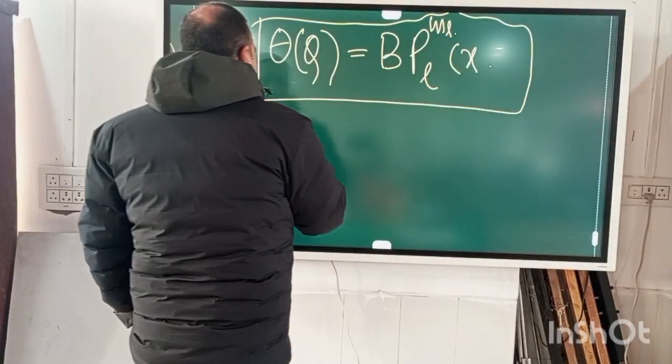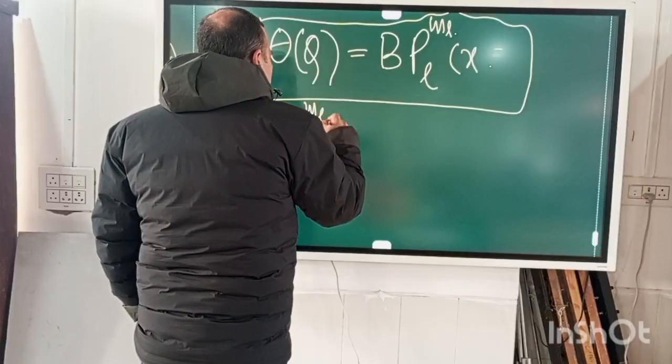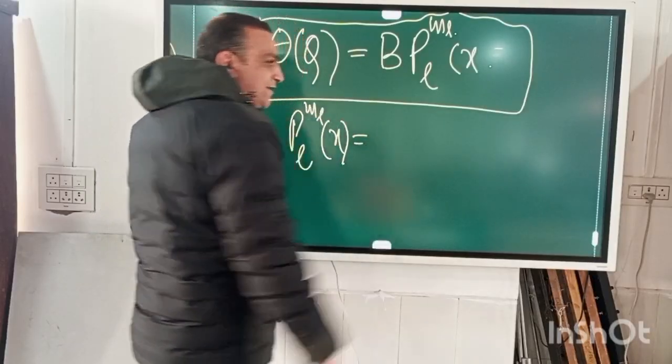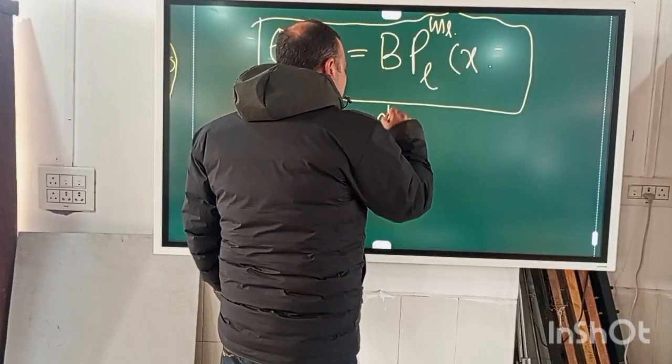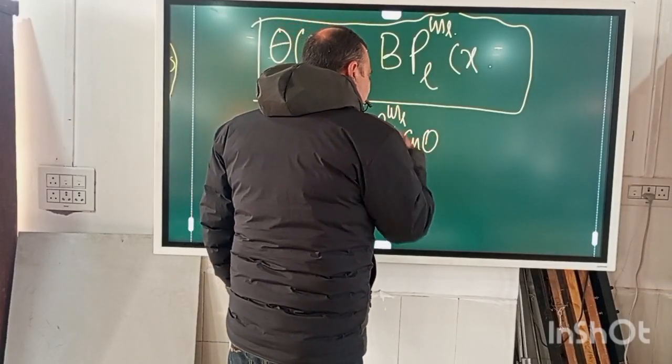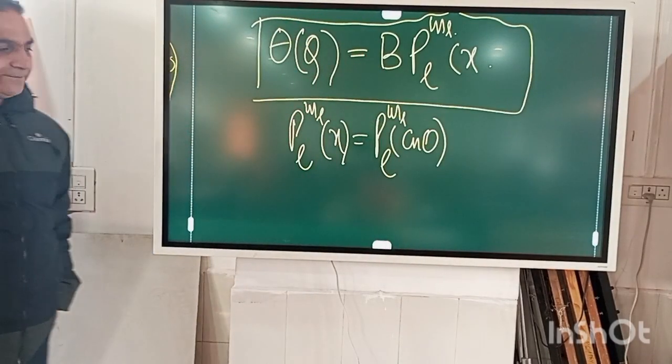Where this P_L^m_L of x, what is this? This is a Legendre polynomial. So this is P_L^m_L of cos theta. I can write that, there is no problem with that, right?